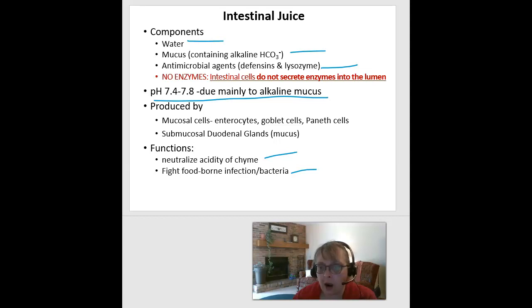The intestinal juice has no enzymes at all. There's no enzymes floating around in the lumen of the intestine. So intestinal juice is alkaline, and its functions are primarily to neutralize the acidity of chyme and to fight foodborne infection.